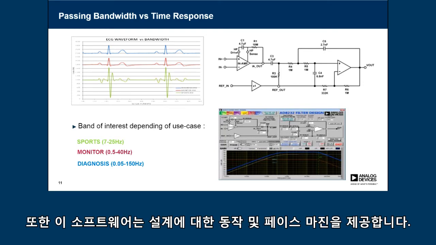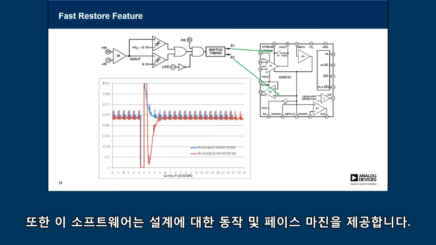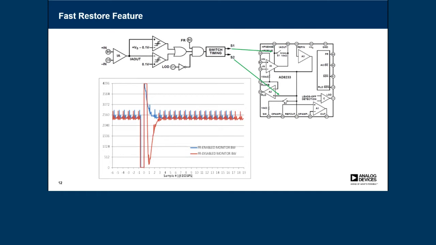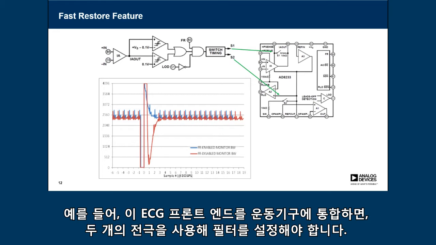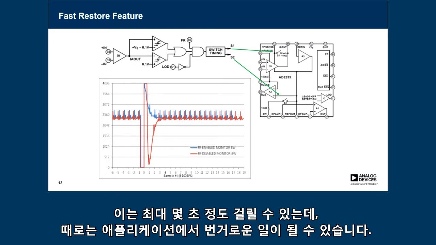An additional feature in this analog front end is a fast restore mode. While you have this ECG front end, for instance, integrated in an exercise machine, and you take the two electrodes, the filters need to settle, and this could take up to seconds, which is sometimes annoying in the application.